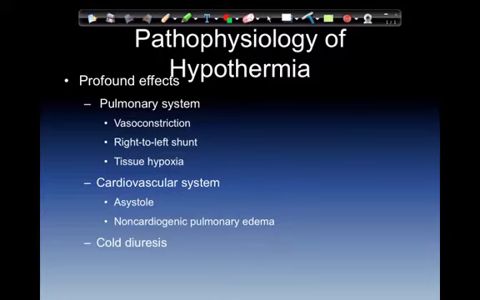Pathophysiology of hypothermia: the pulmonary system vasoconstricts in the pulmonary vasculature. So all of the vessels in the pulmonary trunk essentially constrict. You get a right to left shunt. Blood does not come into contact with the alveolar air for gas exchange, and this causes hypoxia or tissue hypoxia. Cardiovascular system: we can go into asystole or non-cardiogenic pulmonary edema.